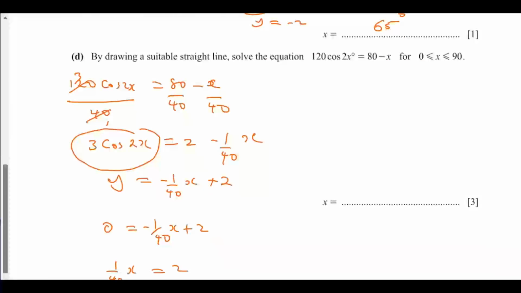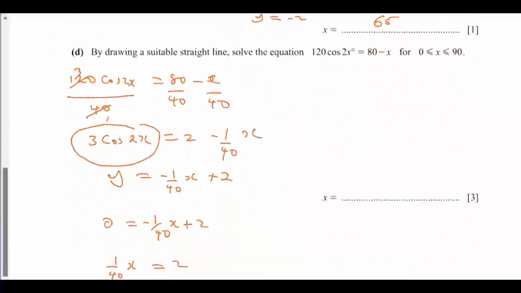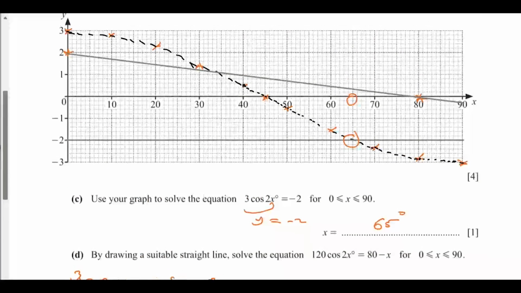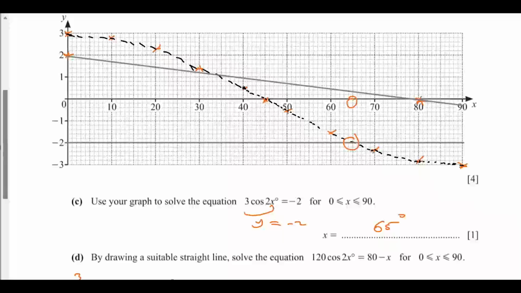So what will be the value of x now? It is where the line touches the curve, somewhere around here. So this is the point. Let's take it carefully. The value on the scale here is 30, so this will be 31, 32, 33, 34.